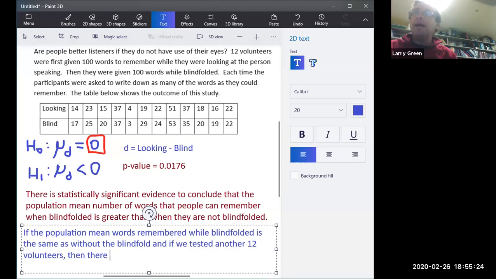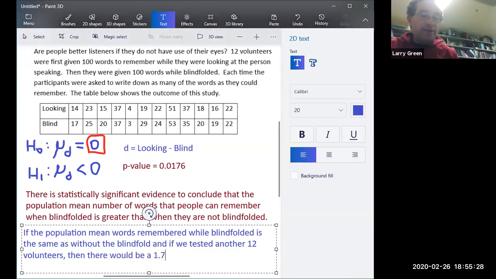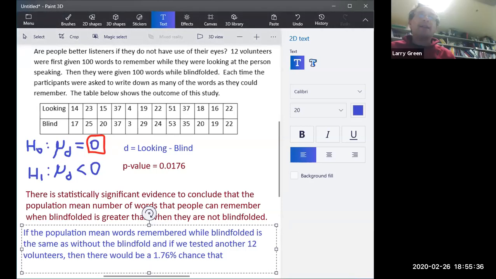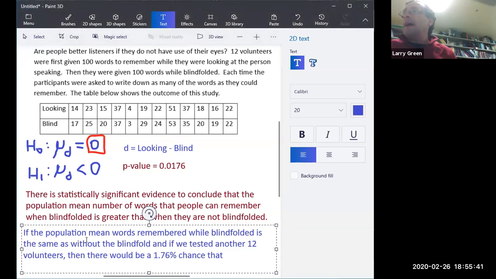Then there would be a 1.76% chance that... And now this came from the calculator. I know you can't see the calculator, but I can. And you'll notice that the mean difference was negative 2.2 about. I'm going to use one decimal place.